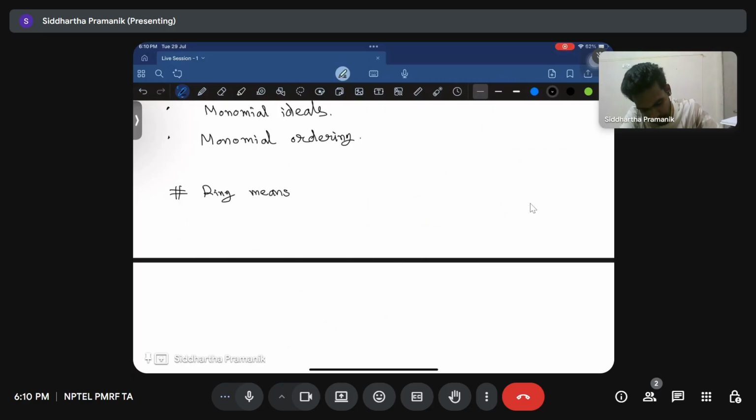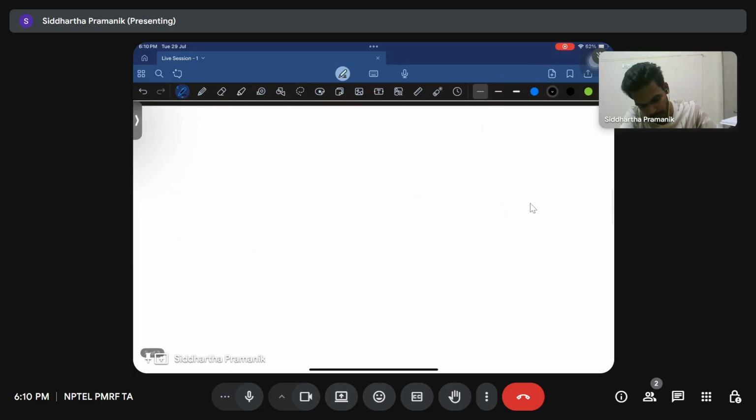So ring means commutative ring with identity. Okay. And let me write down the first problem. So let R be a ring.